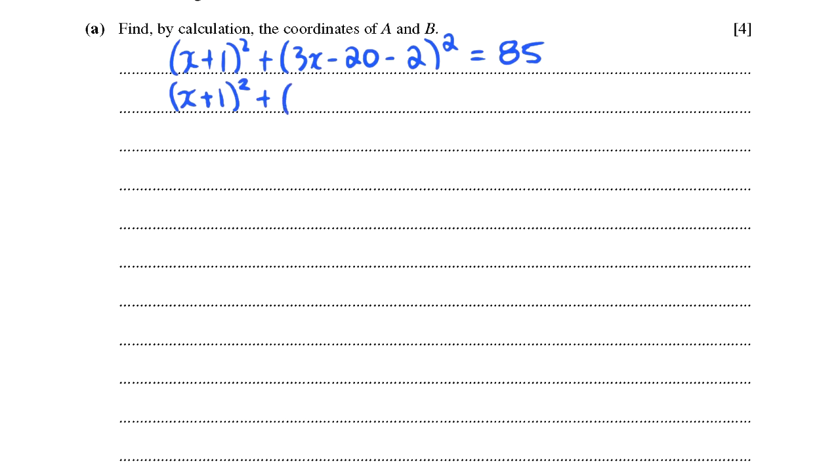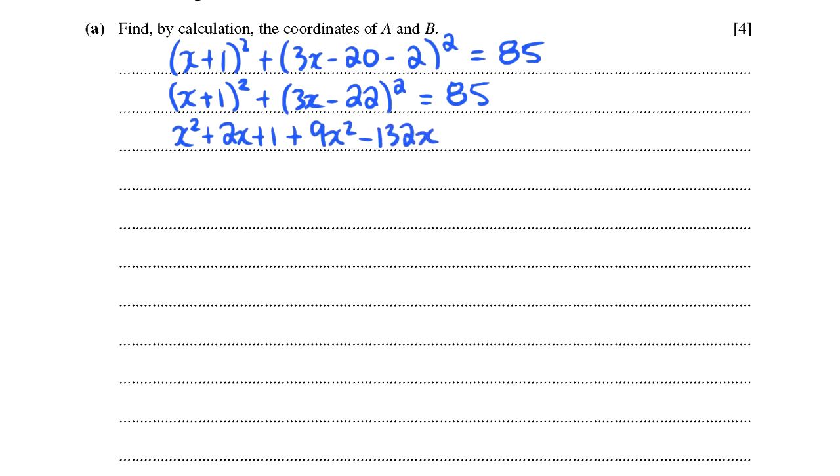(x + 1) squared plus (3x - 22) squared is 85, and we need to expand both brackets. So we will expand the brackets, have x squared plus 2x plus 1 plus 9x squared. 3 times 22 is 66, times 2 is 132, and it's negative, so minus 132x, and negative 22 squared is 484, becomes positive, of course.